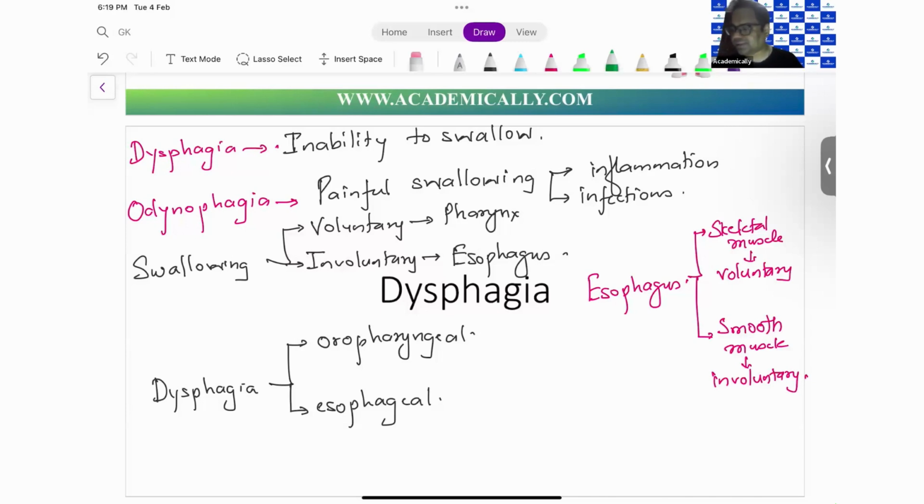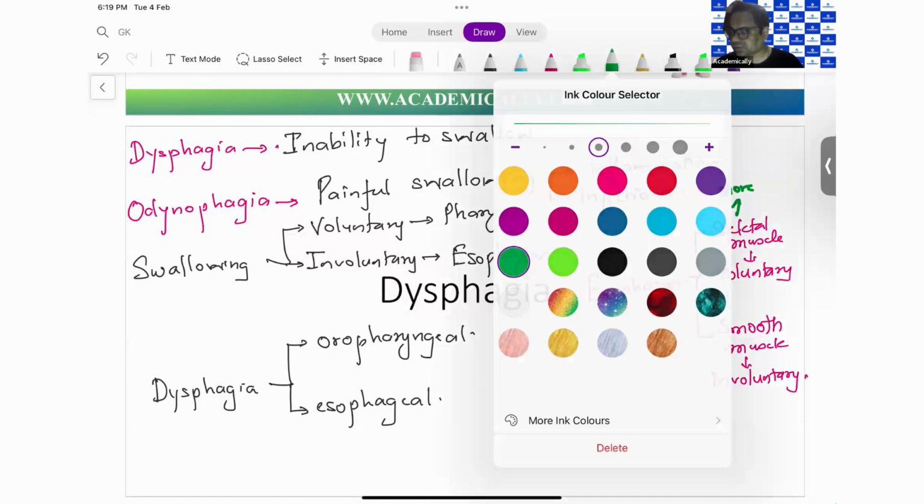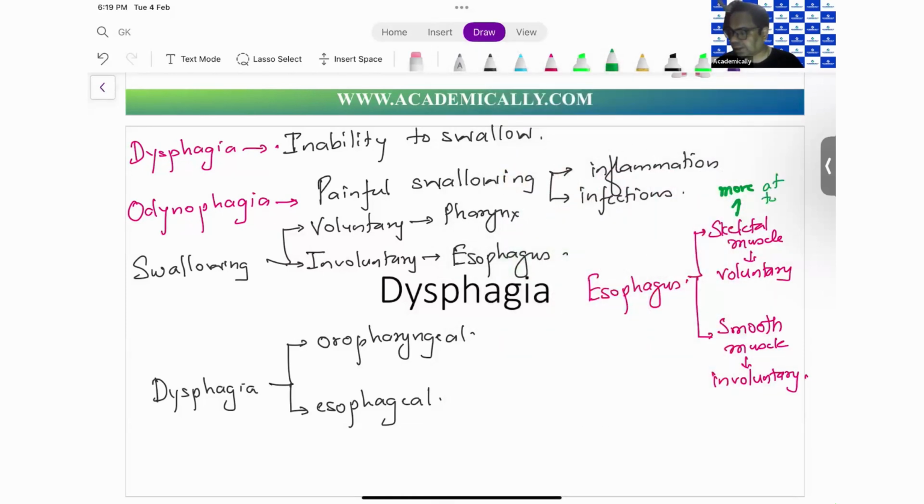So the skeletal muscle is going to be more at the top. As you go down the esophagus, the skeletal muscle goes on becoming lesser and lesser, and the smooth muscle is more at the bottom.